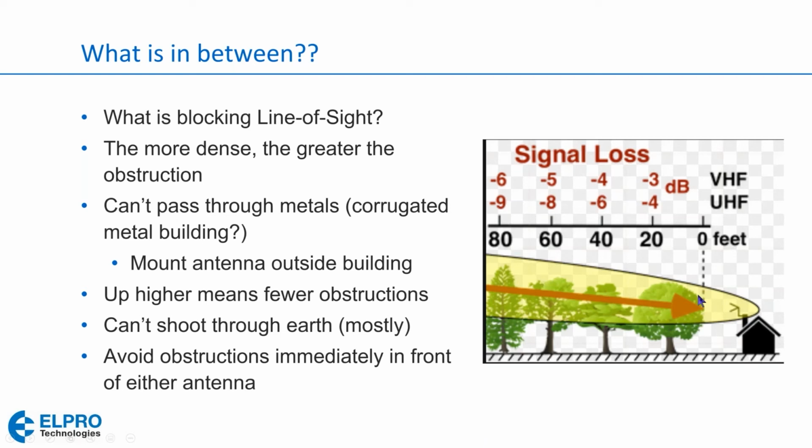But if you had a big tree right in front of that flashlight, or analogy to our antenna, then it's going to scatter a lot more light rays away from the direction that we need to see it in. So again, the best way to think about the propagation of radio waves is just like a light ray, because radio waves are on the same electromagnetic spectrum as light rays. Radio waves are just at a lower frequency than light rays. So the propagation is going to be very similar.